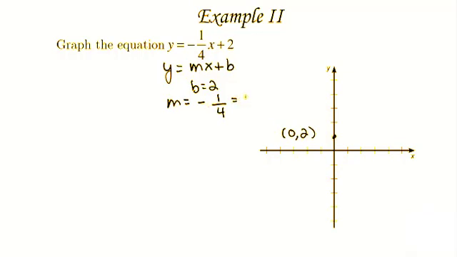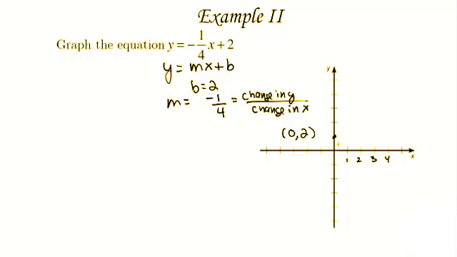The slope is equal to the change in y over the change in x. And if I look at this, instead of negative 1/4, as negative 1 divided by 4, then it's easier for me to see that what I need to do is decrease y by 1 to find the next point, and then increase x by 4.